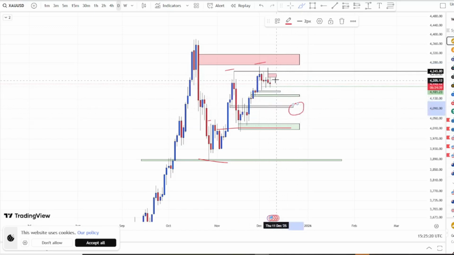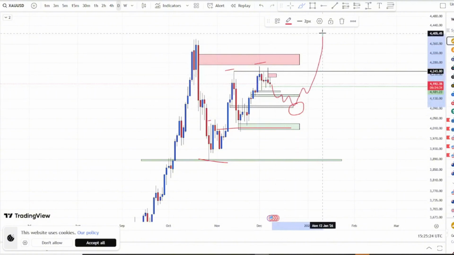Therefore, price should make a nice steady drop down into here, and then push up to take out this high, right?